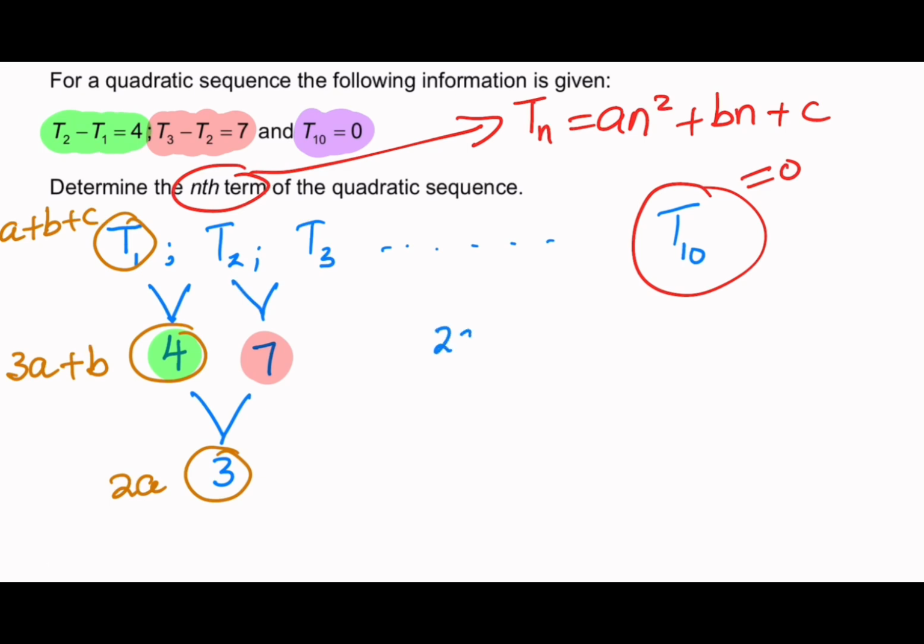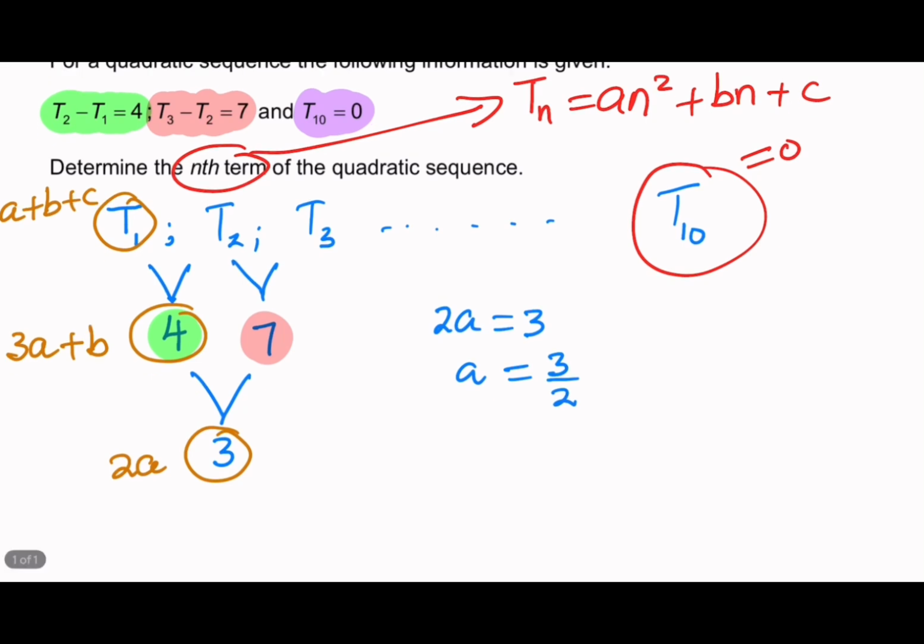So let's go 2a equals 3. This tells us that a is equal to 3 over 2. We're making progress because now we know a is 3 over 2. We still have to find b and c as well. To find b, we can now move on to 3a plus b, which is equal to 4.